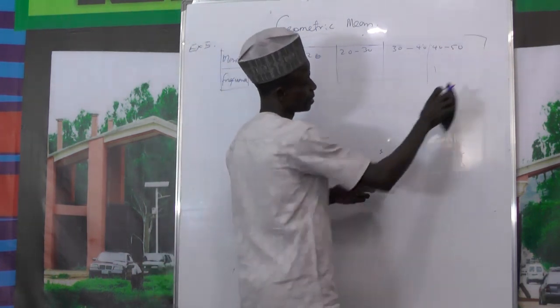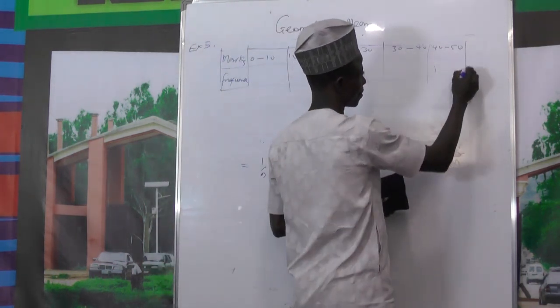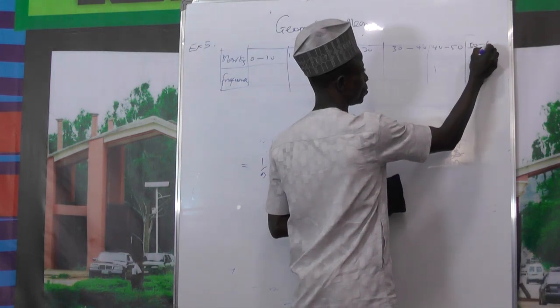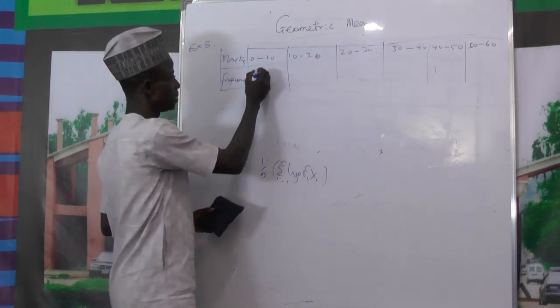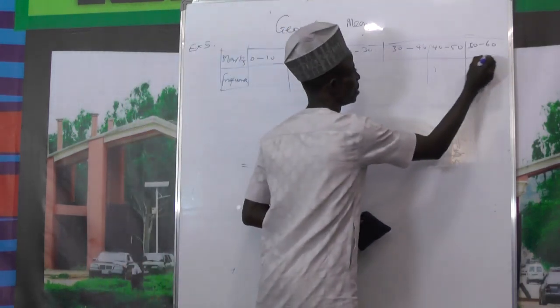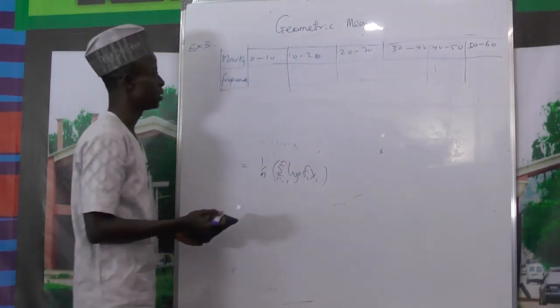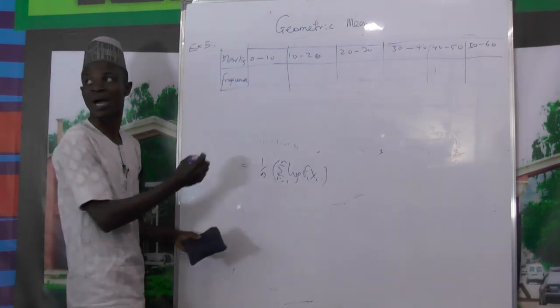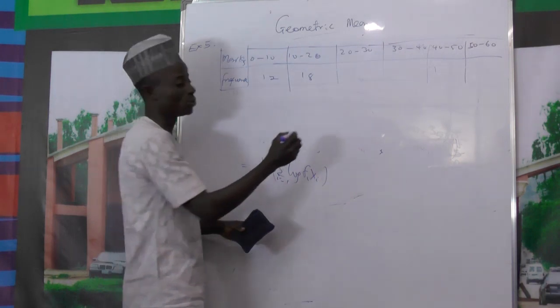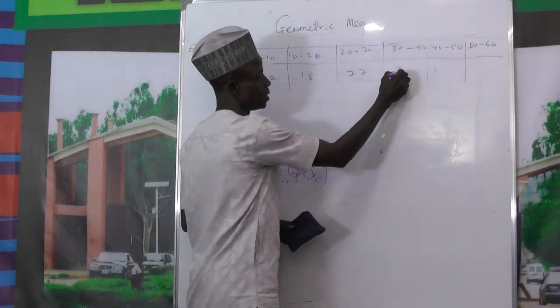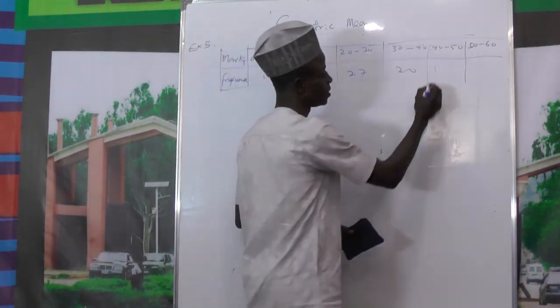Then the last one, 50 to 60. That is the marks obtained by students. Then we now have the frequency of each mark. We are having 12, 18, 27, 20, then 17 and 6.